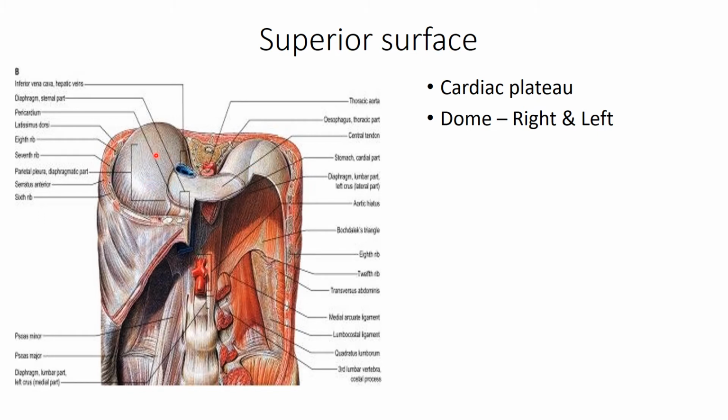Now this right and left dome of the diaphragm are related to the pleural cavity or the pleura. So the pleura lining the base of the lung is in relation with this dome of the diaphragm, and the right dome of the diaphragm is lying more superiorly and it is broader than that of the left.